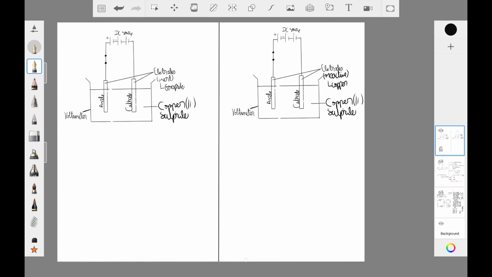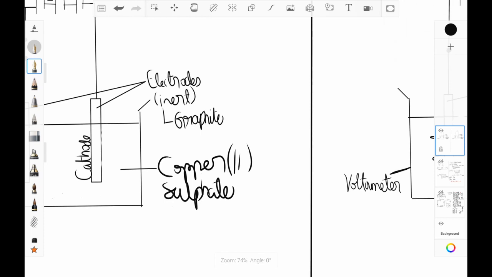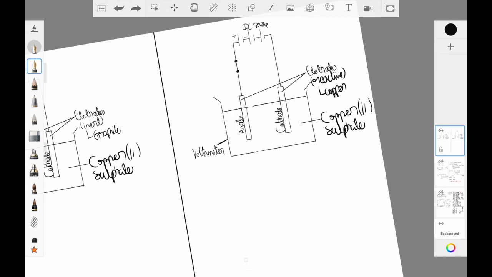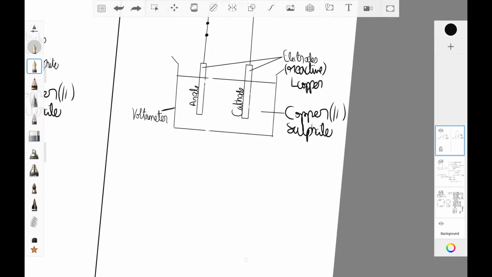And basically the setup is the exact same, and it's similar to what we've been using so far. The only difference is that the one on the left is making use of inert electrodes, and in this case I'm using graphite. You can also use platinum, of course, but graphite is fine.